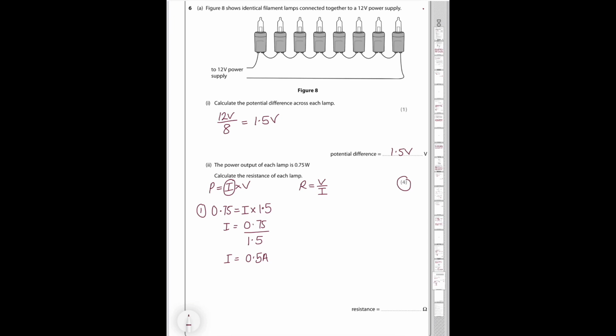Now we are able to use our second equation, because resistance now would be our voltage, which is 1.5, divided by our current, which was 0.5. So this was worked out here, and now we're using it here. And if we calculate that out, that gives us an answer of a resistance of 3 ohms for each of those lamps.